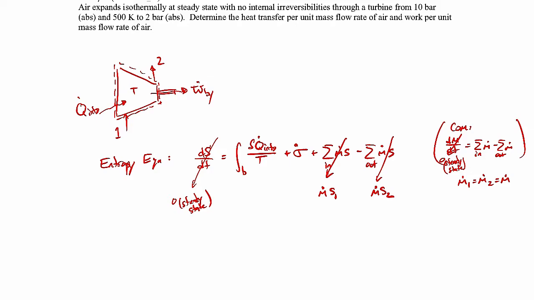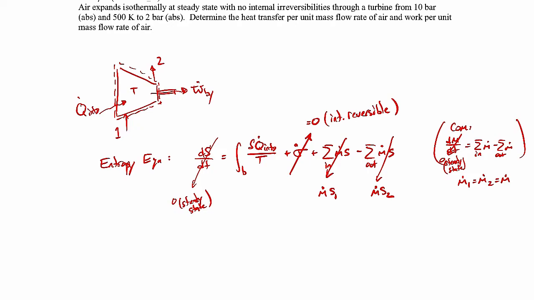We're told that there are no internal irreversibilities, so it means it's reversible. That means the s dot generation is 0. So it's internally reversible. That's given in the problem statement. Then we can simplify this equation.